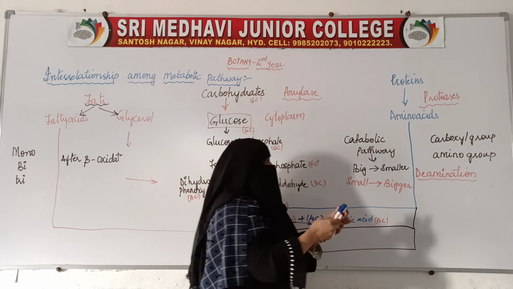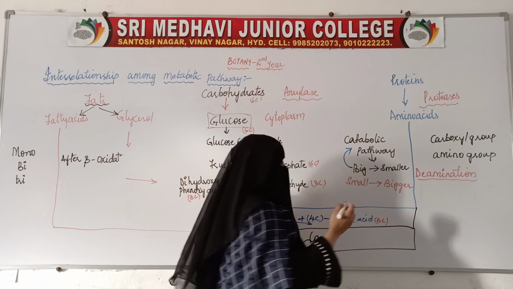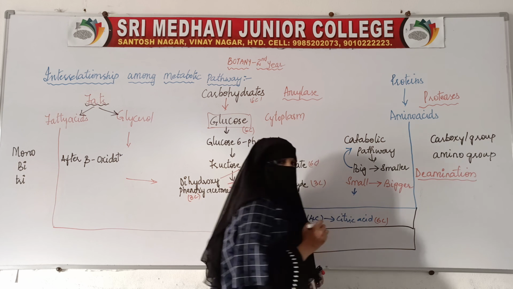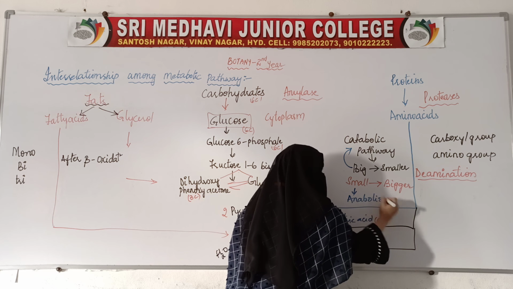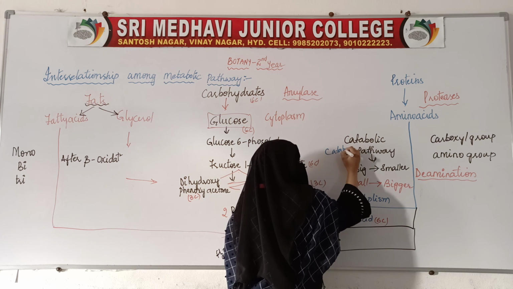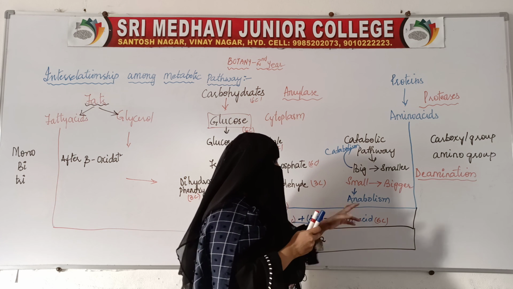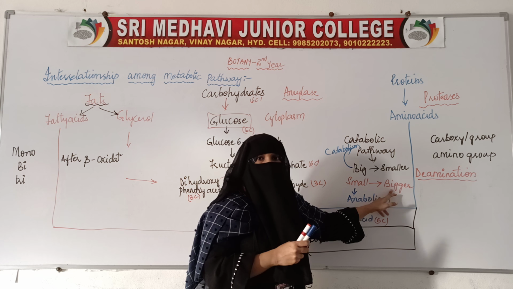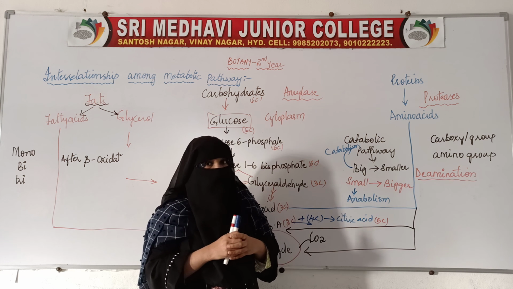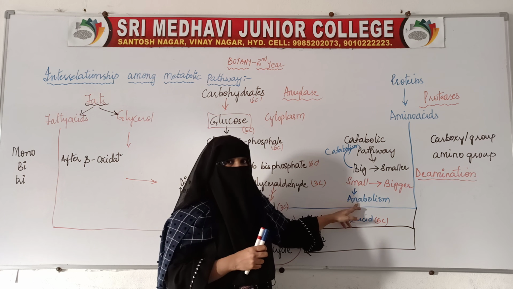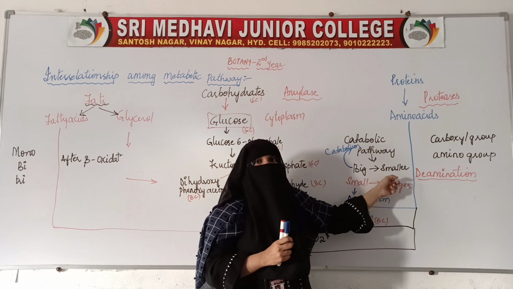This changing of bigger molecules to smaller molecules is the catabolic pathway. And the change of small molecules into bigger molecules we call anabolism. Anabolism is the formation of bigger molecules by the joining or addition of smaller molecules, and catabolism is bigger molecules breaking down to produce smaller molecules.